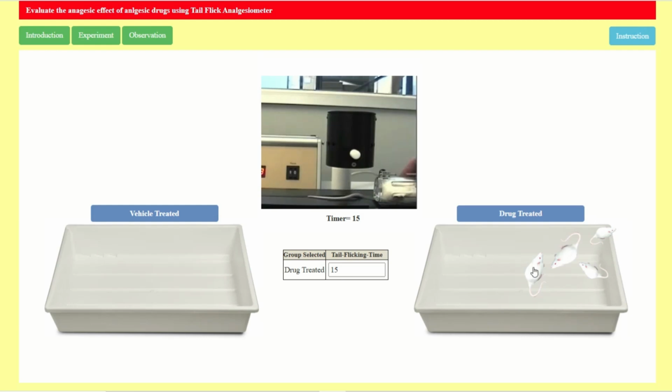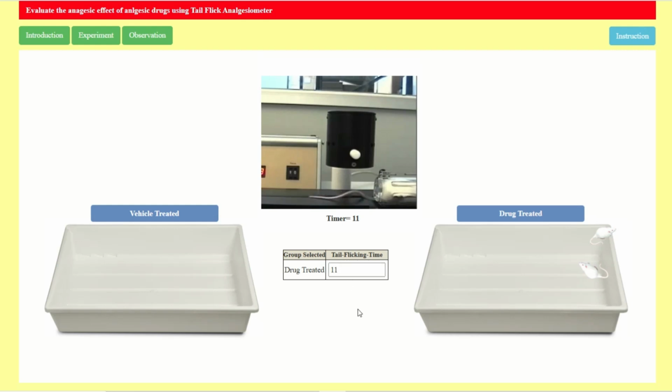We will click the third animal from the drug treated group. This animal has taken 16 seconds to flick its tail. Now we will click the fourth animal from the drug treated group. It has taken 11 seconds.